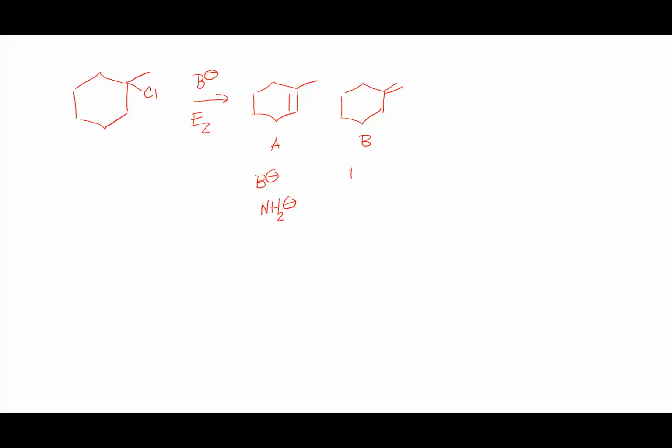And so that means that if I want to form product B, I should use tert-butoxide. What did we call product A? What did we call the alkene that was the most stable? That's the Zaitsev product.